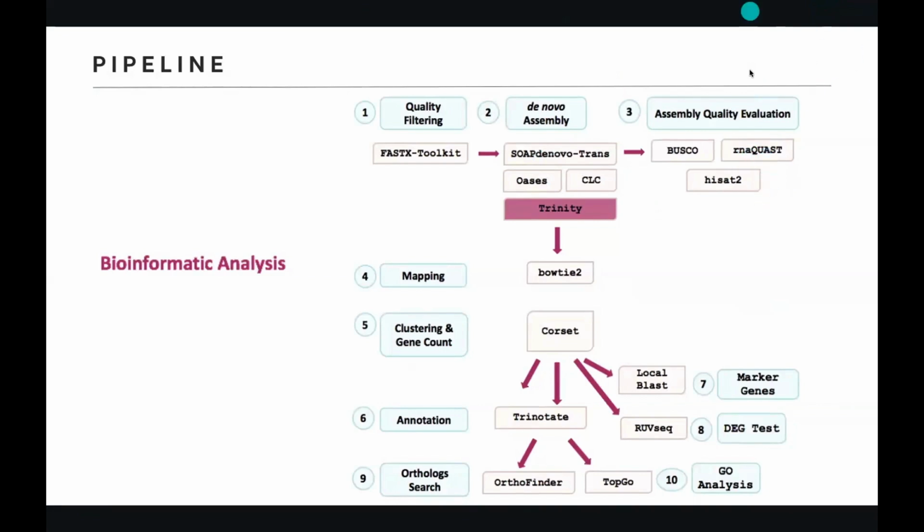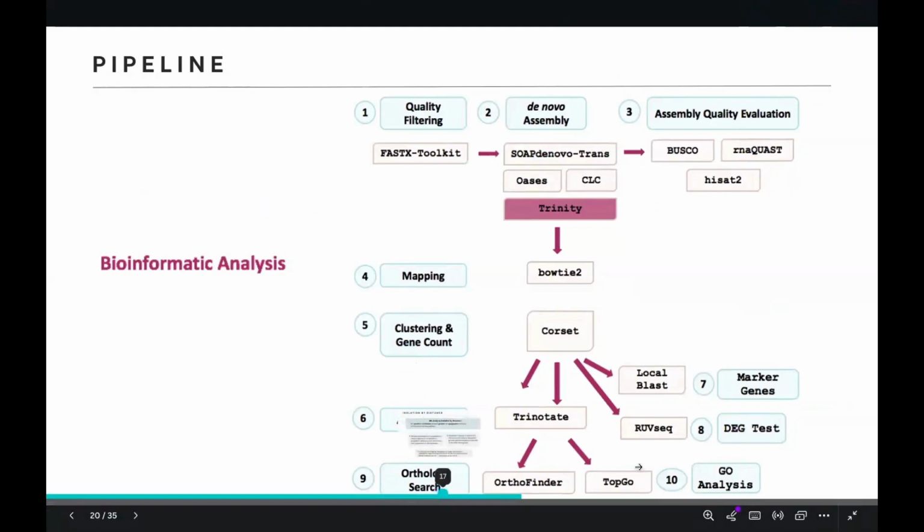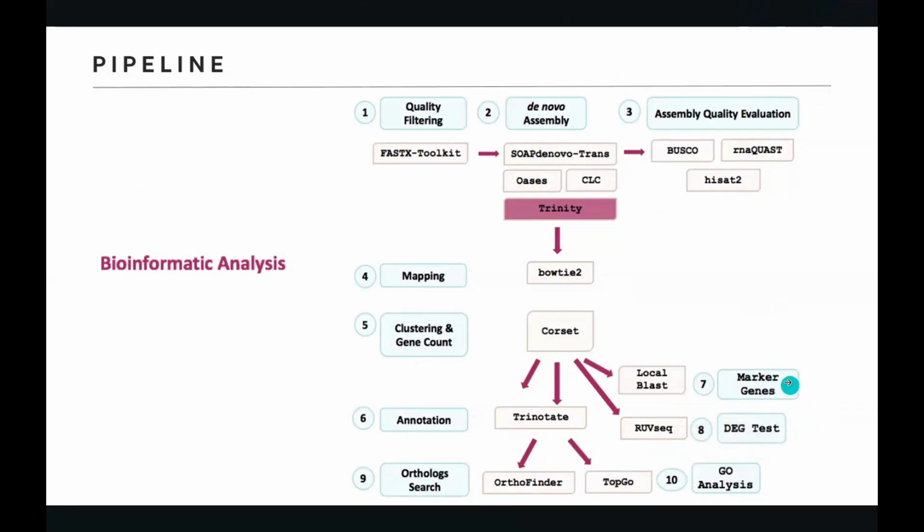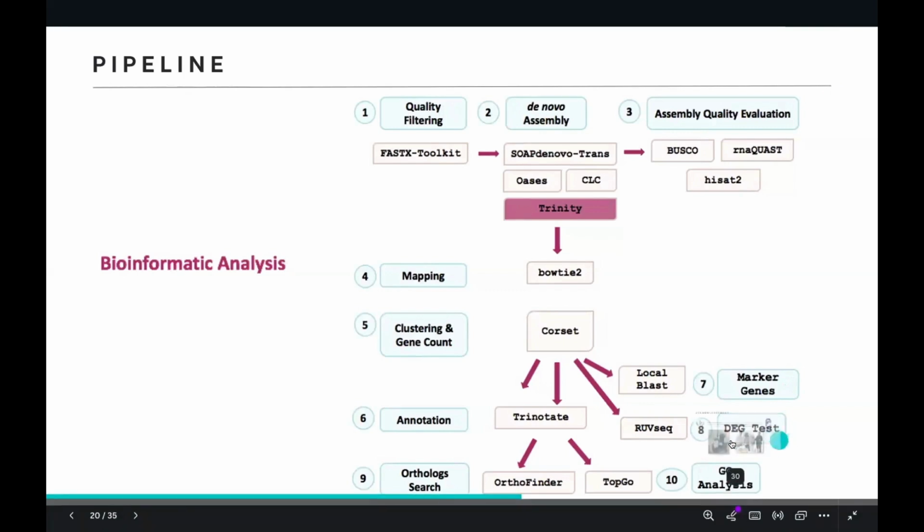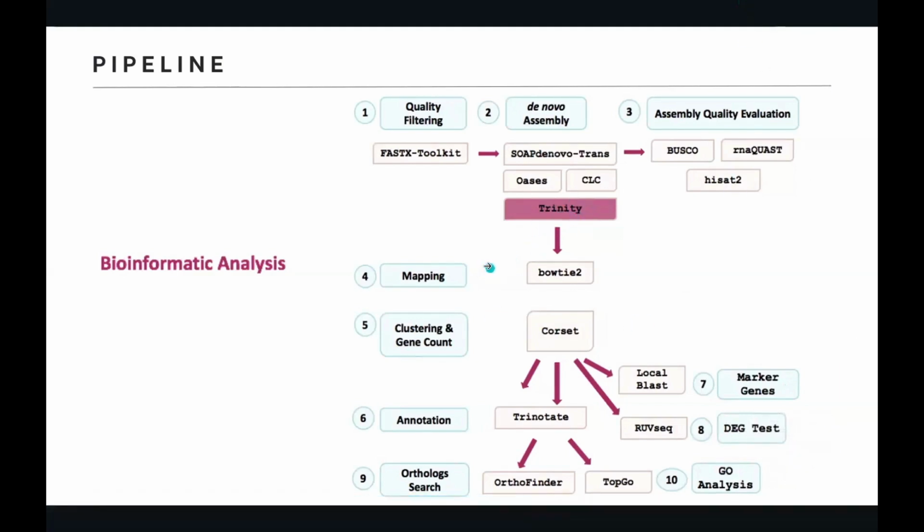The best quality assembly was then selected for the downstream analysis, which included read mapping, clustering, gene count, annotation, ortholog search, gene ontology, differential gene expression, and exploring some specific markers that are implicated in this kind of interaction. The gene expression analysis and the gene ontology were performed on my laptop using R packages, while the other analyses were performed in a Linux environment on a high performance computer.